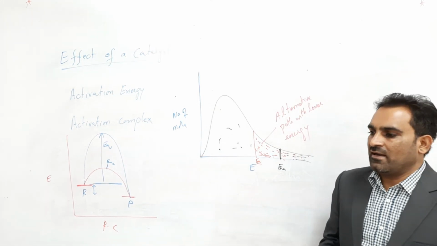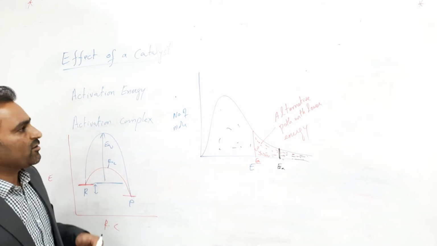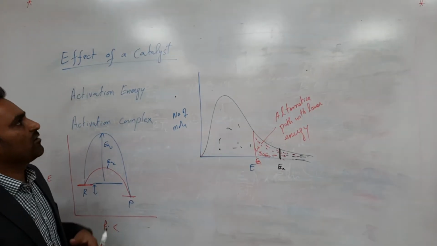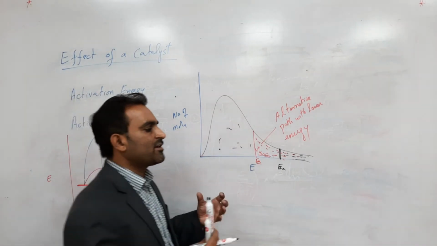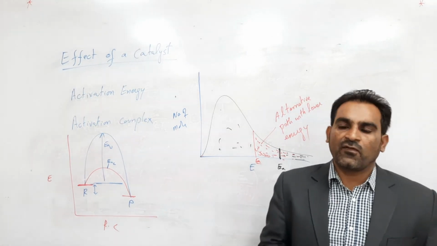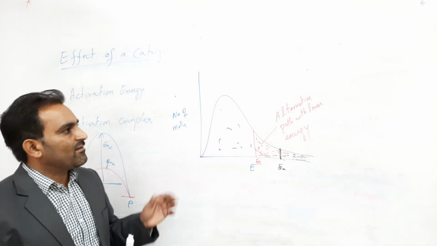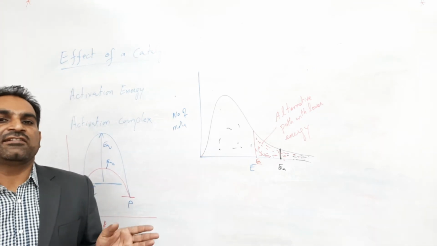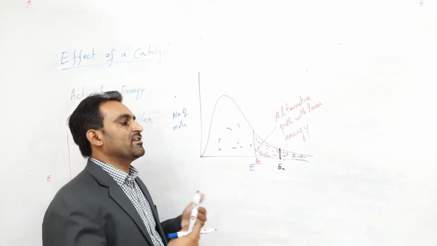In actual terms, how does a catalyst work, how does it increase the rate of reaction? For a particular reaction, you have a number of collisions, effective collisions. Okay? And whenever there is a reaction, there is an intermediate, and that intermediate has its energy.